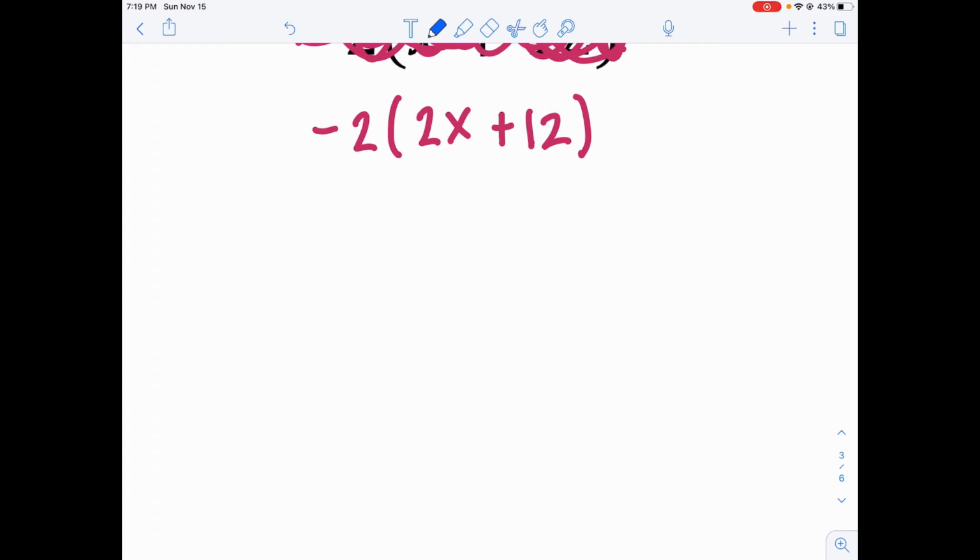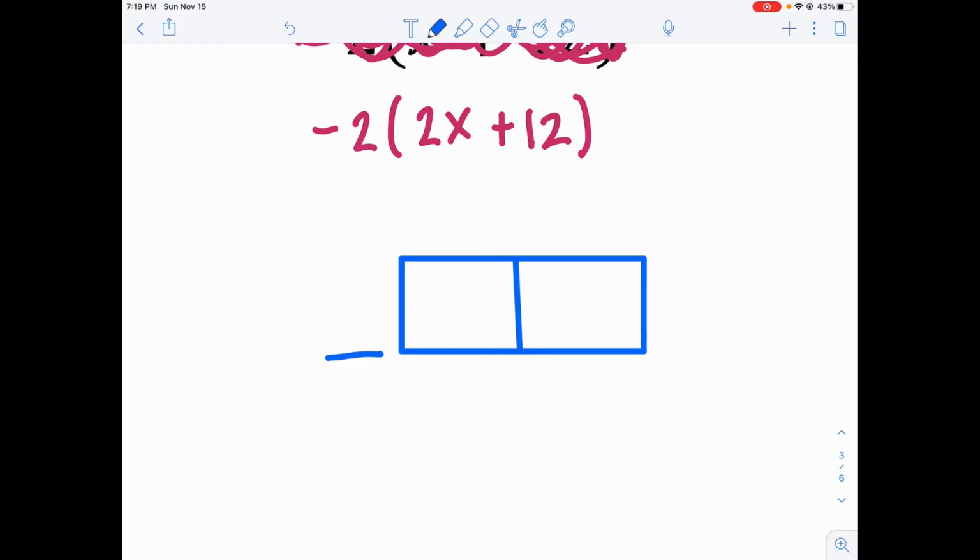Looking to start my boxes, I see 2 terms inside the parentheses, so that means I'm going to do 2 boxes. All right, the number in front of the parentheses, remember, goes in front of the boxes, so it's a negative 2, so a negative 2 goes there.